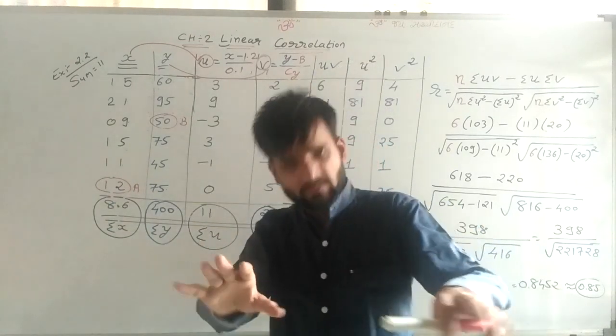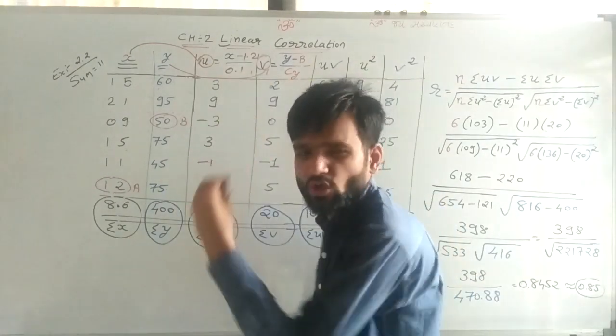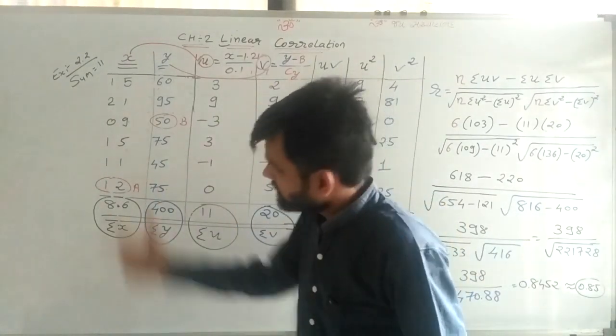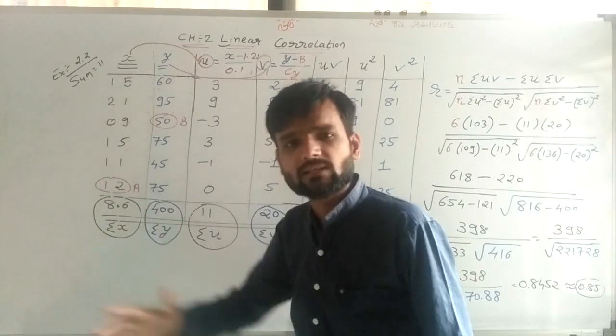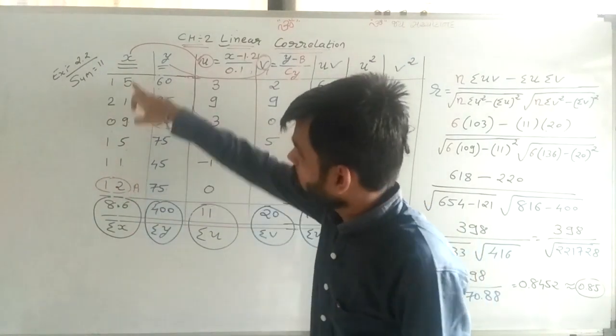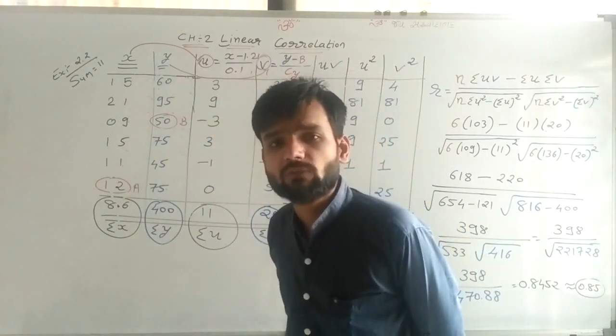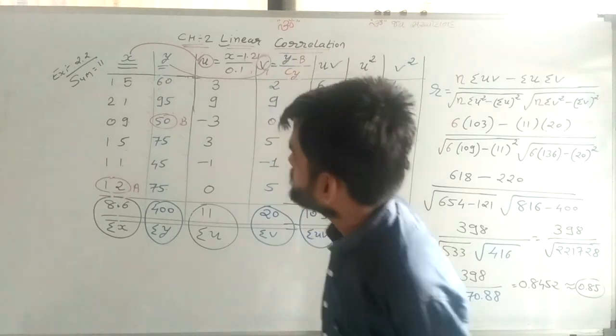Just think there are points, but think here points are not given, and we have assumed 12 as the assumed value. So deduct 12 from all the values.